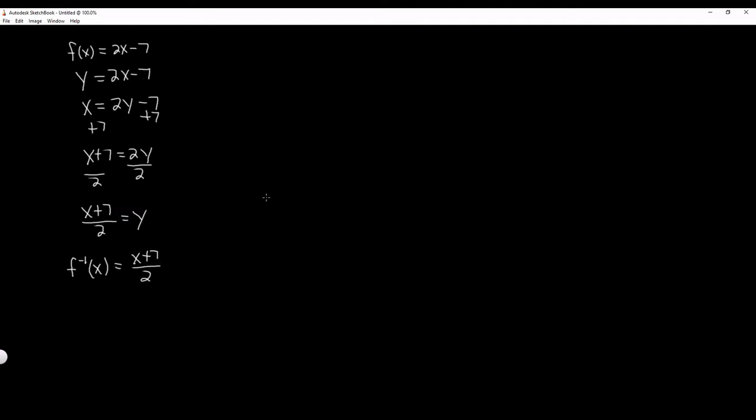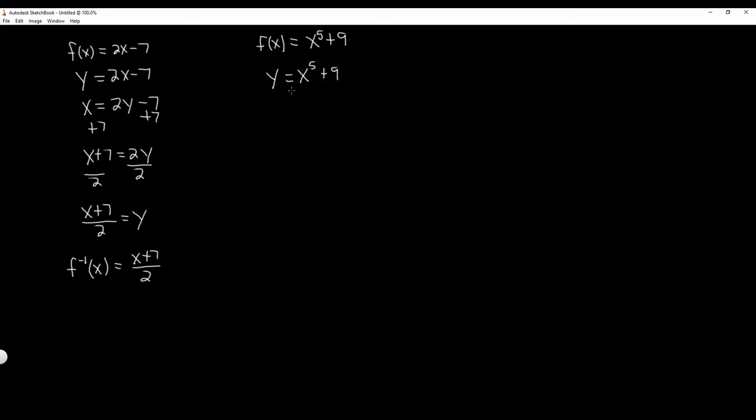So for the next one, let's take the function f of x is equal to x to the 5th plus 9. So pause the video and try this one yourself. Okay, so what we're going to do is replace f of x with y, and we will get y is equal to x to the 5th plus 9.